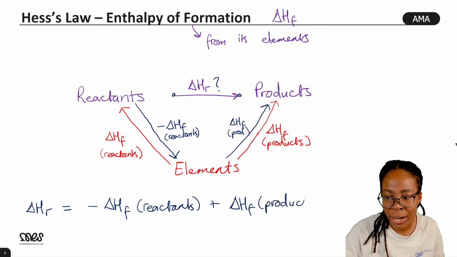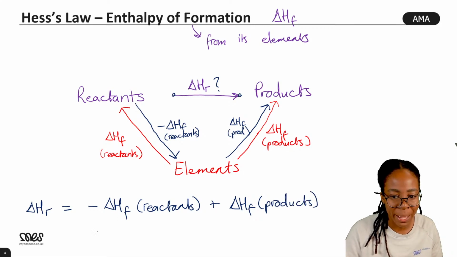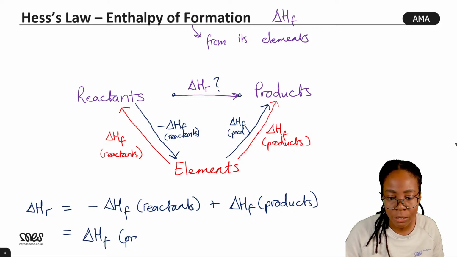Or the nicer way round to put this, because we don't really want that minus sign first, that is the same as the enthalpy change of formation for the products minus the enthalpy change of formation for the reactants.